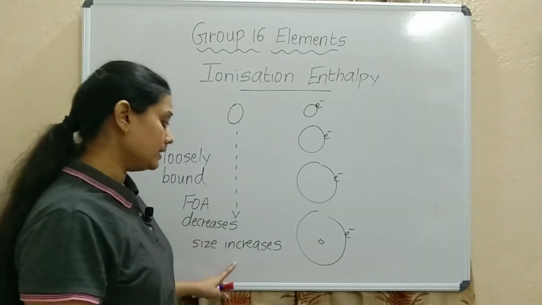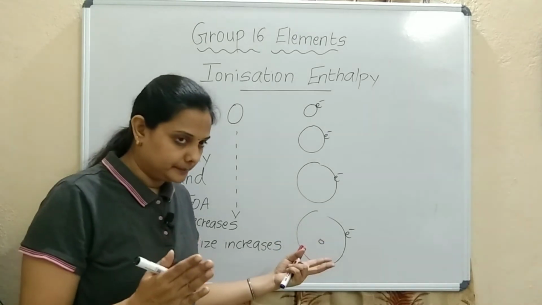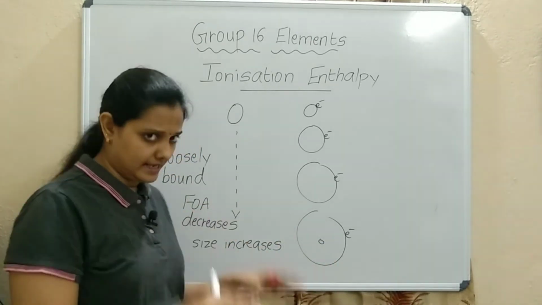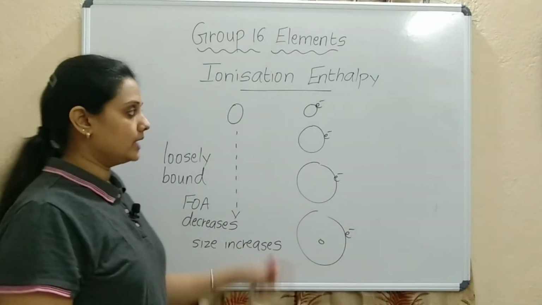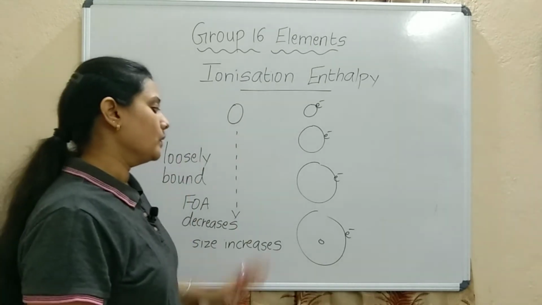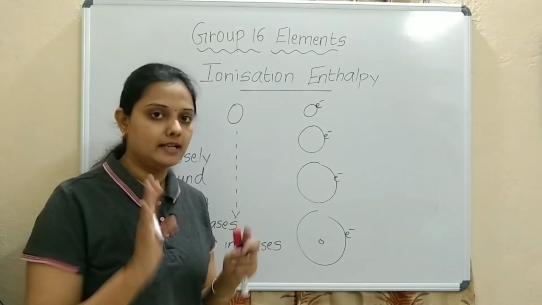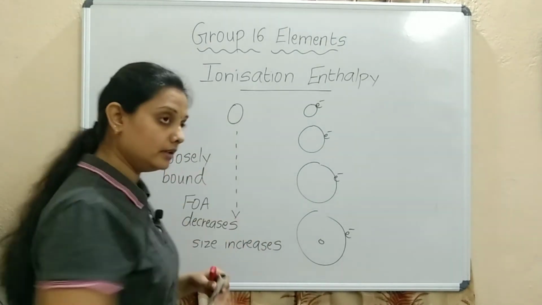So size is also increasing. So the nuclear force of attraction is less. So easily you can remove an electron. So the ionization enthalpy down the group goes on decreasing. Less energy is required to remove an electron as you move down the group.